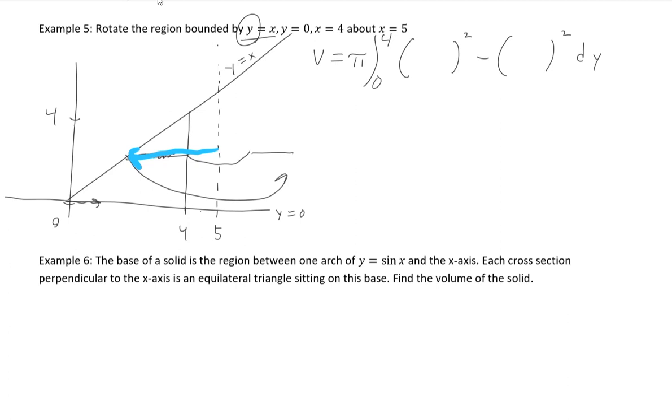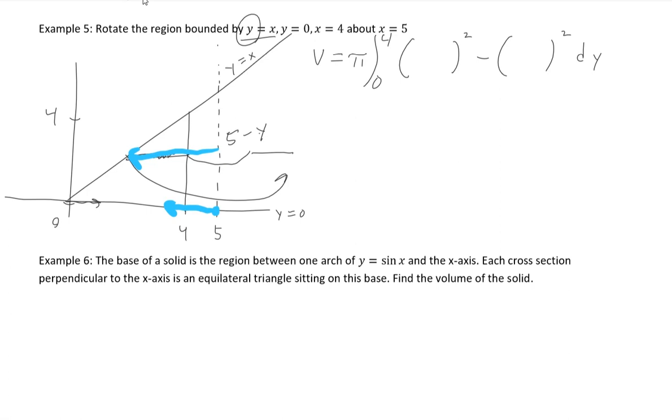However, the distance is defined as 5 minus y. That would be the distance from the axis over to the curve, or from the curve to the axis, either one. It would be 5 minus y, not y minus 5, because what I'm really considering is, from the axis of rotation, how far away am I?